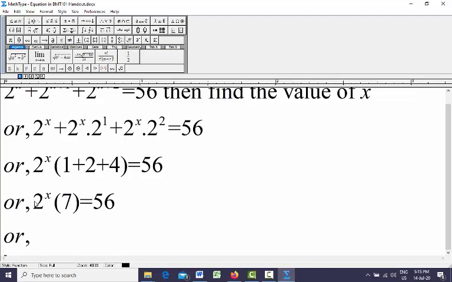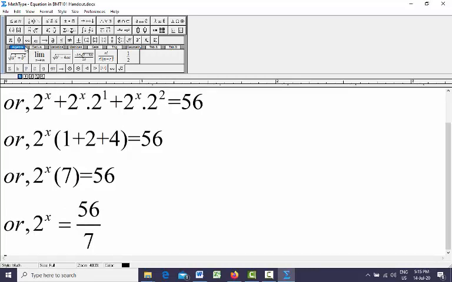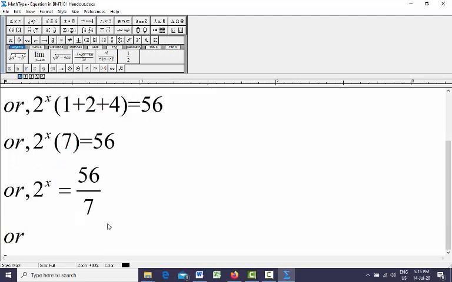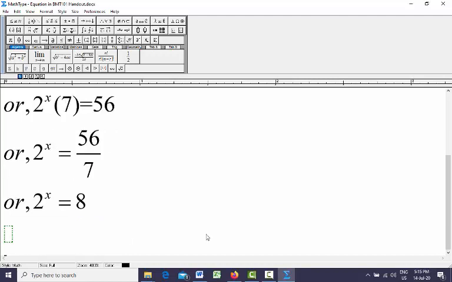So we have 2 to the power x is equal to 56 divided by 7. This one is in multiplication on the left hand side, so if you move it to the right hand side, it will go into the denominator. If you divide 56 by 7, we get 8.